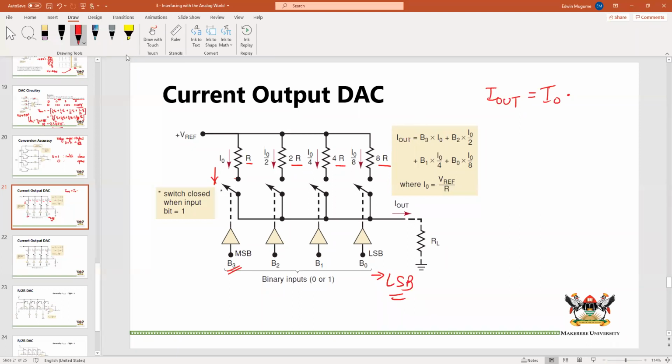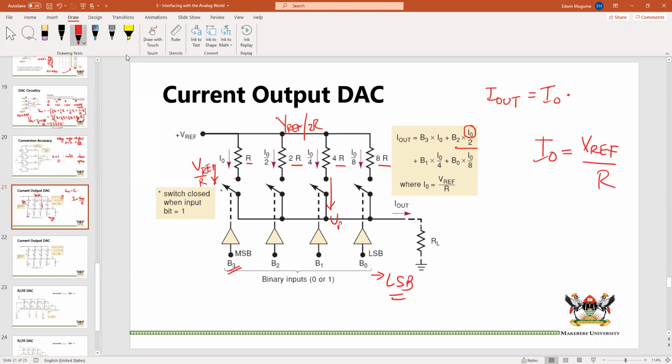And then B2 will be I naught divided by 2, but I naught is equal to the reference voltage over resistance. You can see that in this case, our I naught is V ref over R. Through here, it would be V ref over 2R.